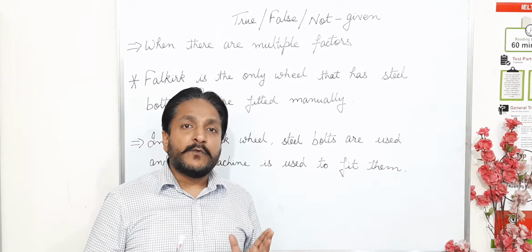Why? Because in the first statement it says that the bolts are fitted manually, and in the passage it says no machine is used to fit them. And that means it is one and the same thing, and they go ahead and end up marking it as a true statement.